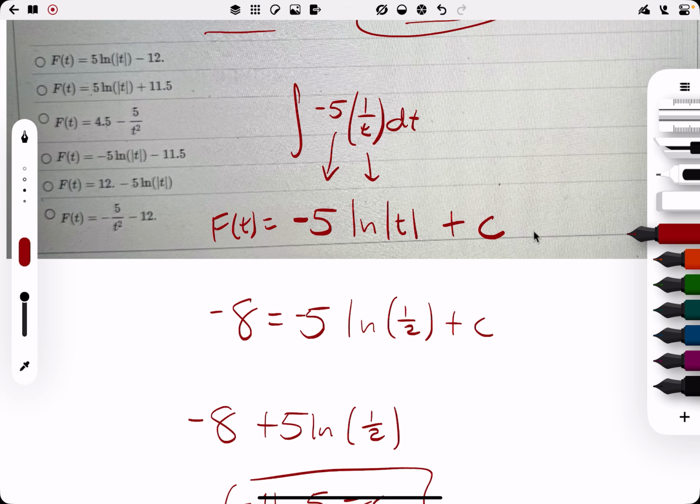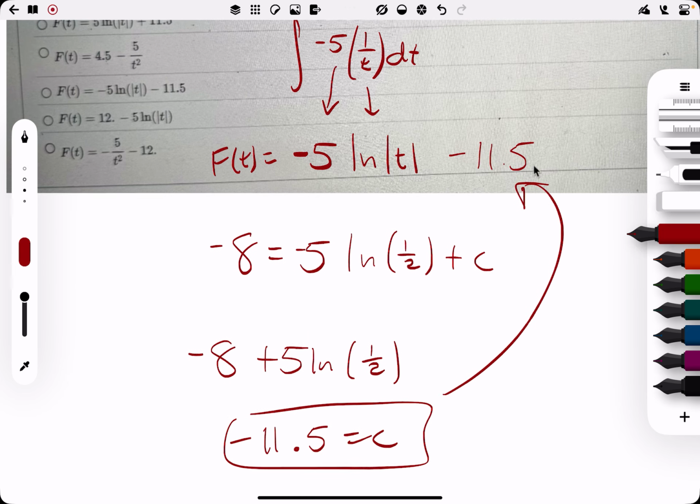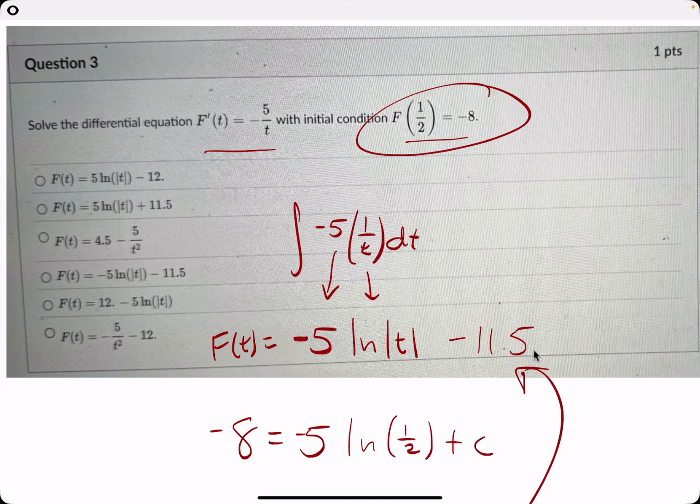So that's c, so we're going to plug that back into the original function. So we're looking for -5 ln of t minus 11.5. And I think that's it.